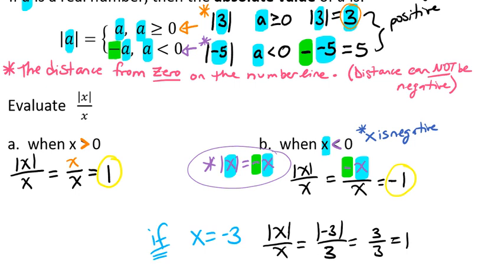Hey, hold the phone. I forgot about the negative, because we were starting with a negative 3. Man, I almost forgot that. And so we're going to end up with the negative 1.